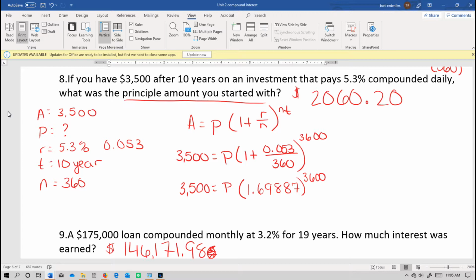Remember, oh, I got an overflow error. Hold on. Remember, I got 3,600 because of that multiplying it by 10. I keep getting an overflow error.